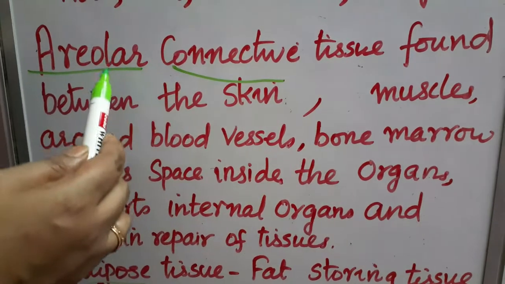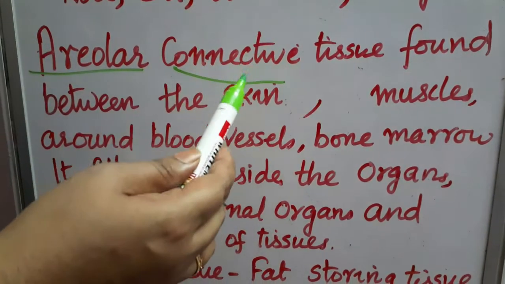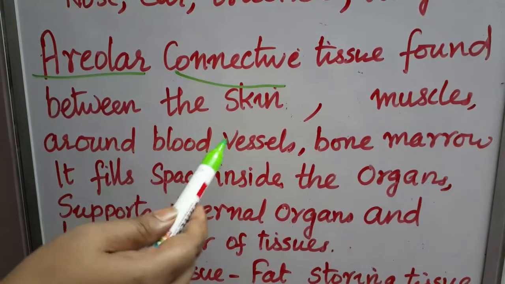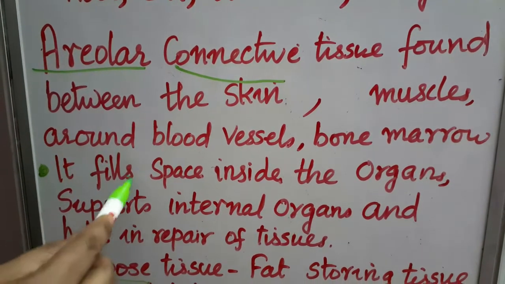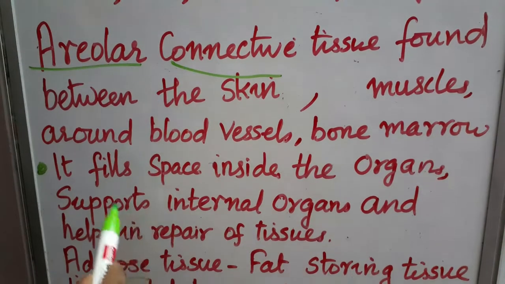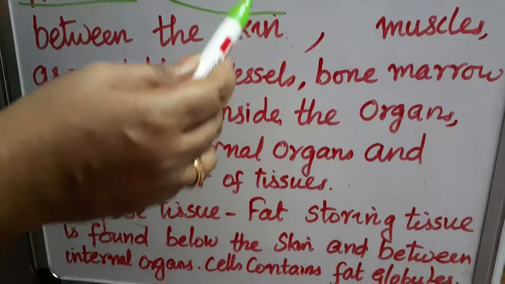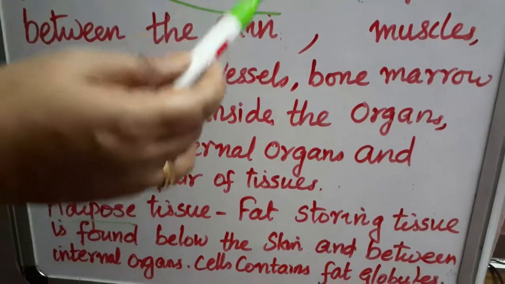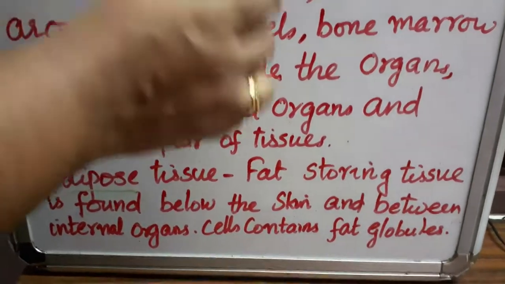So mainly these areolar connective tissues are for the protection of our body. Okay, it will protect our internal organs, right? So that is known as the areolar connective tissue.